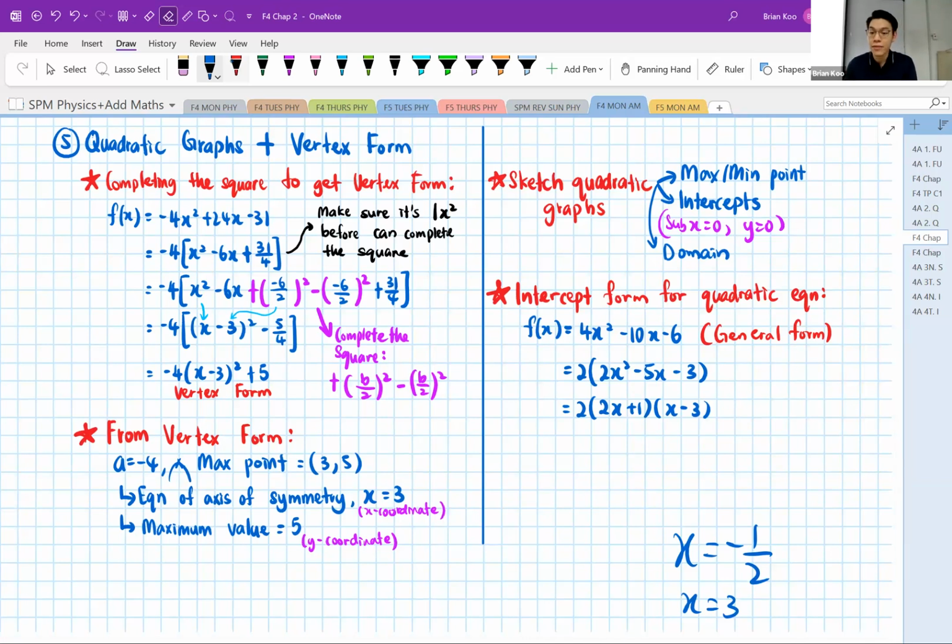To get intercept form, we want to always make the x be positive 1. So far what we did was just factorize out anything in common and then factorize again. One extra step you need to do is to pull this out. You see this 2, you pull it out, and inside everybody needs to divide by 2.